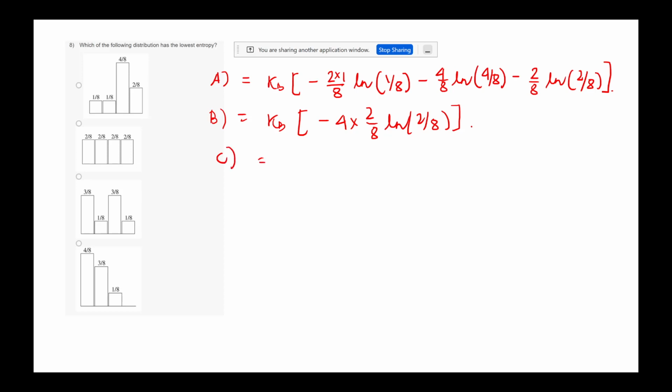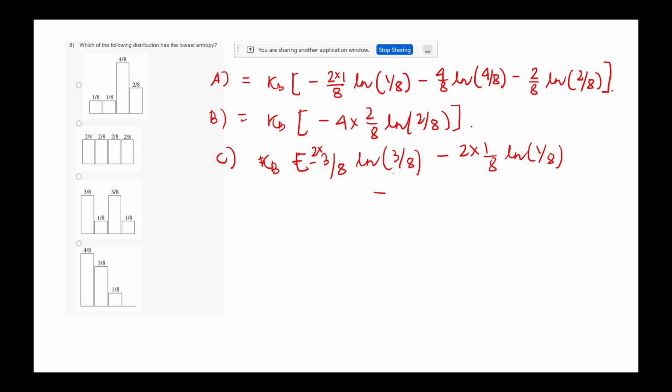Option C, kB times 3 by 8 ln 3 by 8 minus 2 times 1 by 8 ln 1 by 8. This will be minus. Oh, there is 2 times 3 by 8, so it is quite easy.